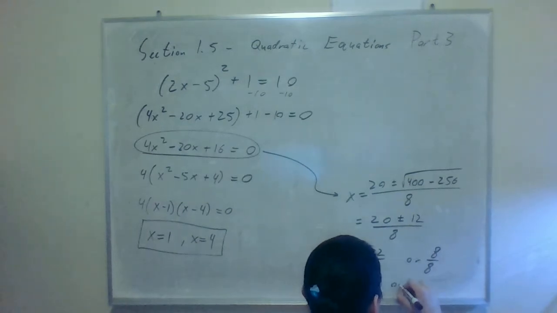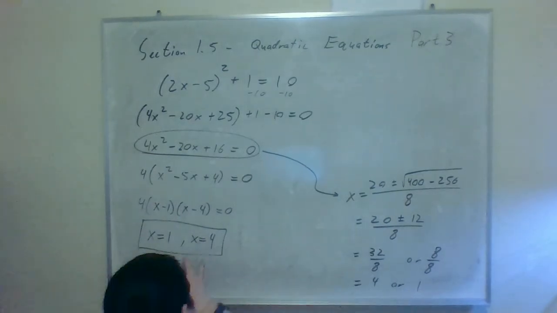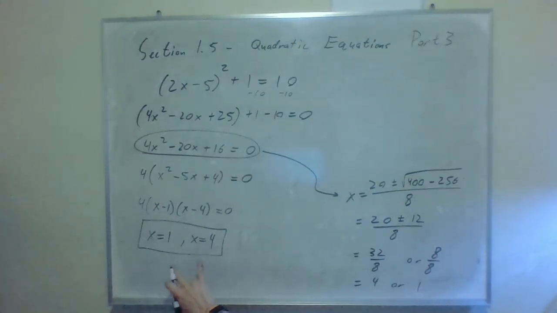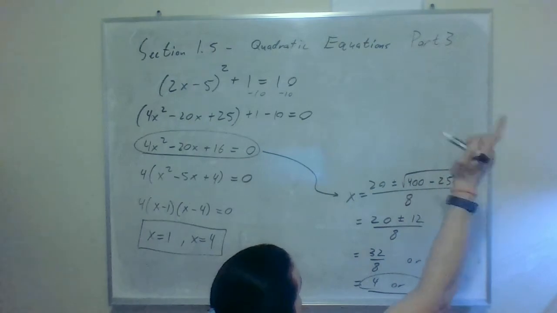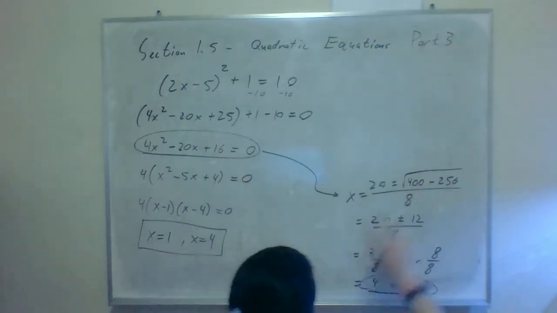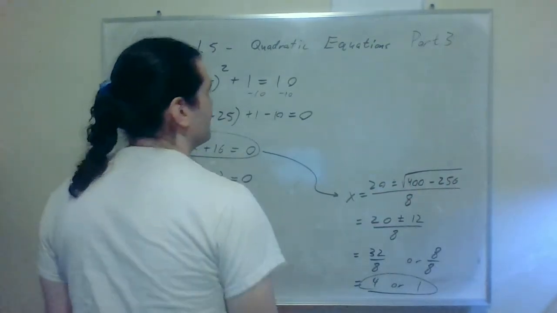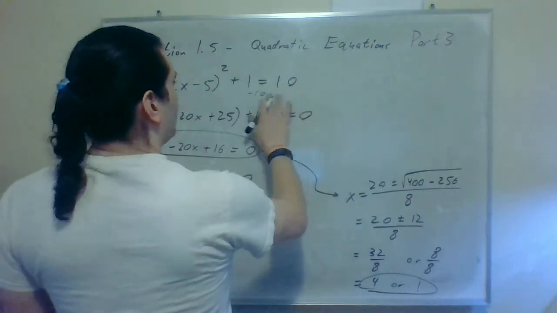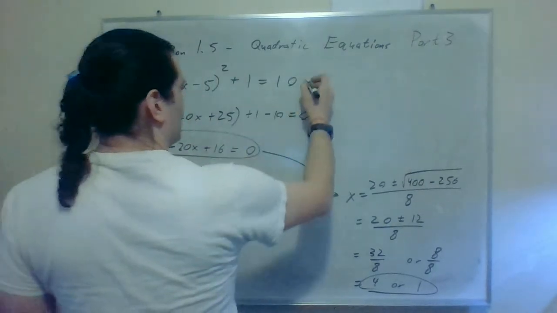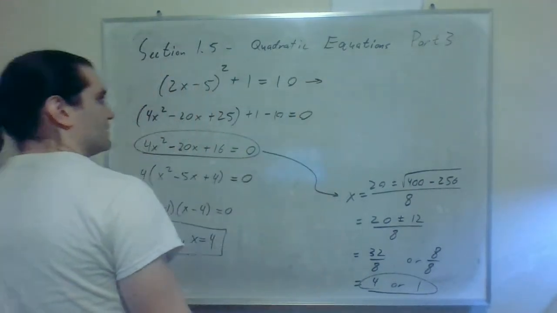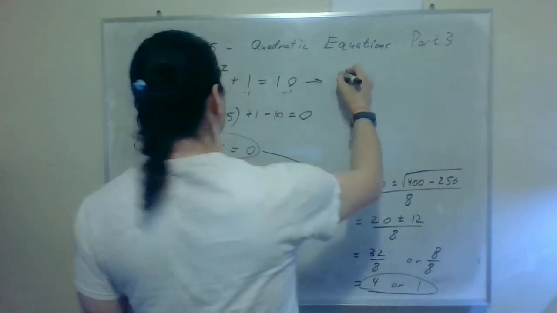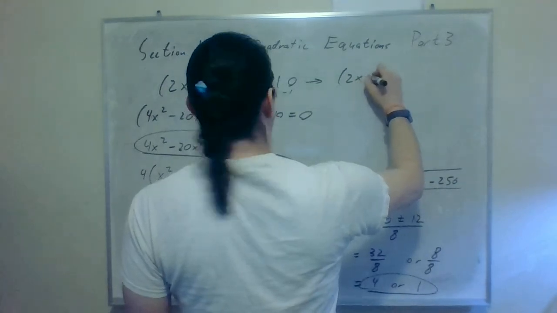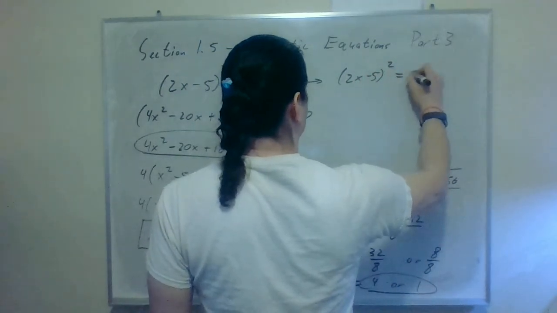So 4 or 1 is exactly what we came up with over here. So the quadratic formula also works. If you feel like doing arithmetic on the scale of 400s and 256s, you can do this. That's fine. If we wanted to leave this alone and use the square root technique, we'd have to subtract 1 from each side. We would get 2x minus 5 squared equals 9.